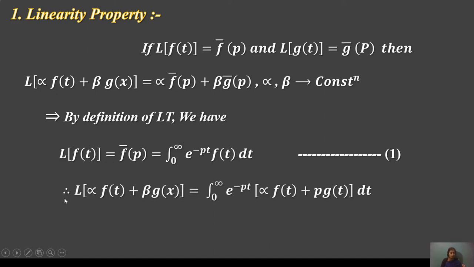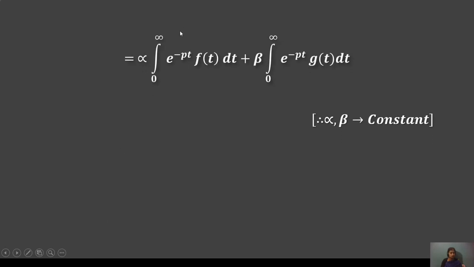Then the Laplace of alpha f of t plus beta g of t is the integration from 0 to infinity of e to the power minus pt times alpha f of t plus e to the power minus pt times beta g of t. Here alpha is common: alpha times the integration from 0 to infinity of e to the power minus pt f of t dt, plus beta times the integration from 0 to infinity of e to the power minus pt g of t dt.